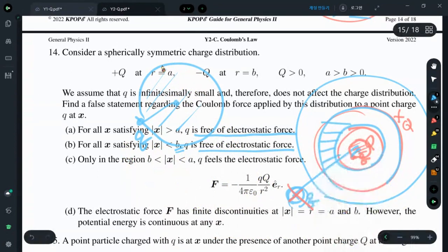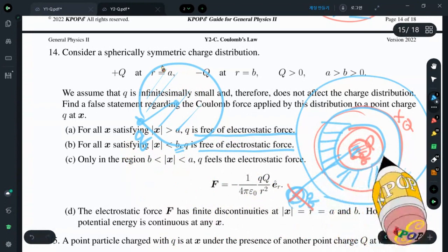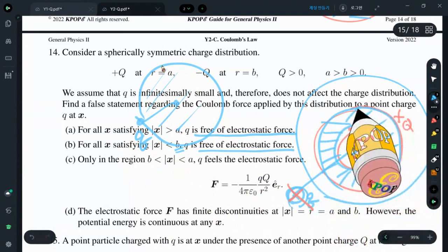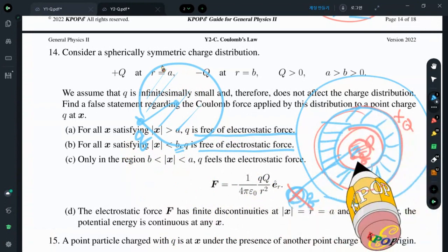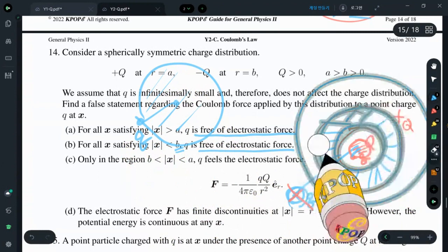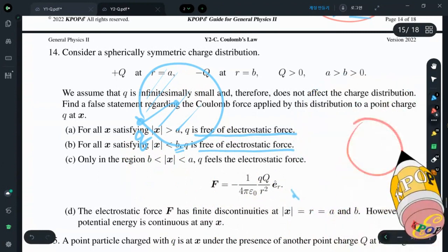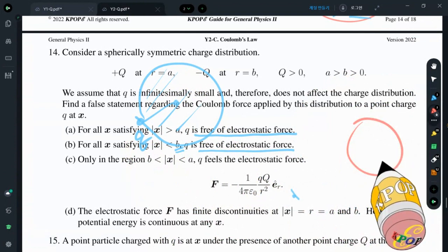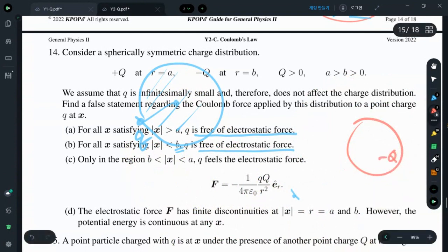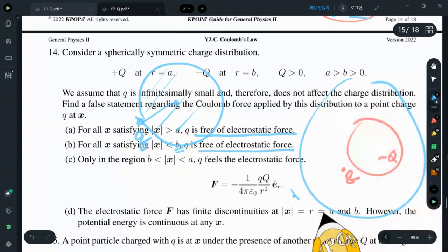Only in this region, between minus Q and plus Q, you feel the charge. What charge is it? You have minus Q inside, you have q, and you have plus Q outside.